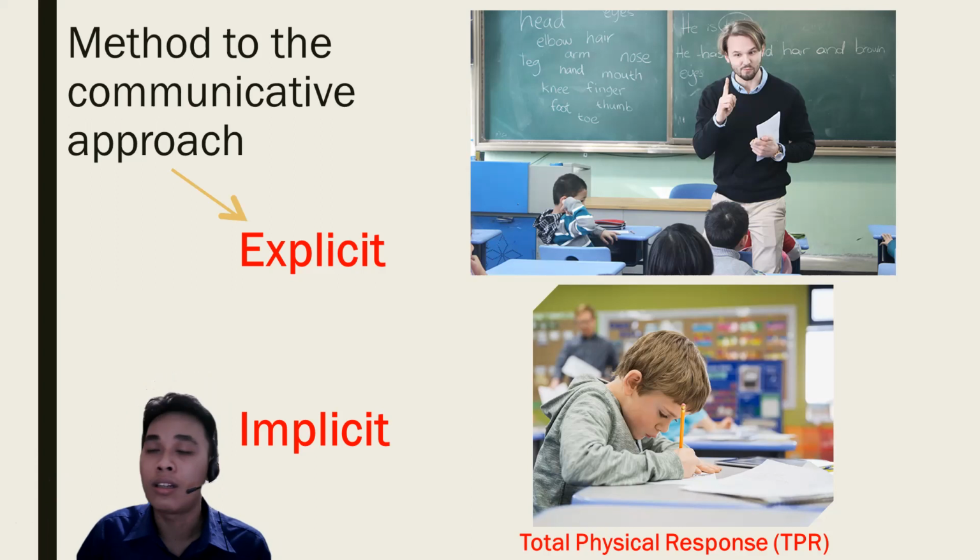So implicit means that students are allowed to learn with their abilities, or the teacher gives students time to learn something with reading and then listening and whatever it is, but with their own abilities, with their own creativity.